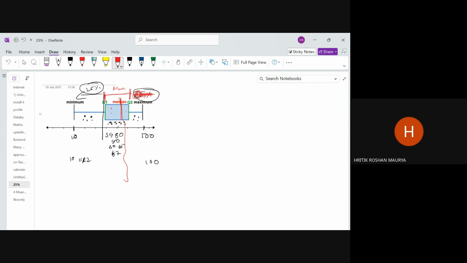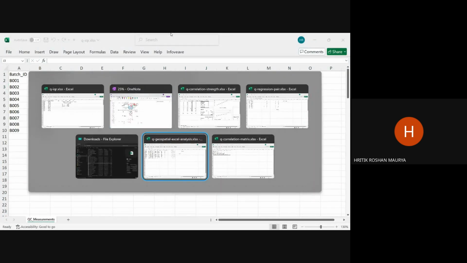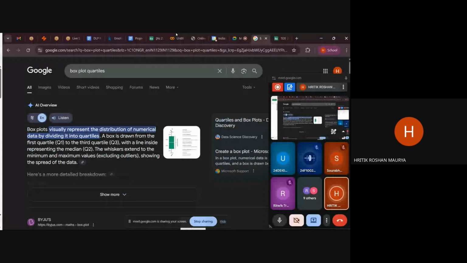So what is the outlier? The data which is far from the median. If this data is an outlier and this data is an outlier. Let me show you in a better diagram. I am not able to draw the diagram.